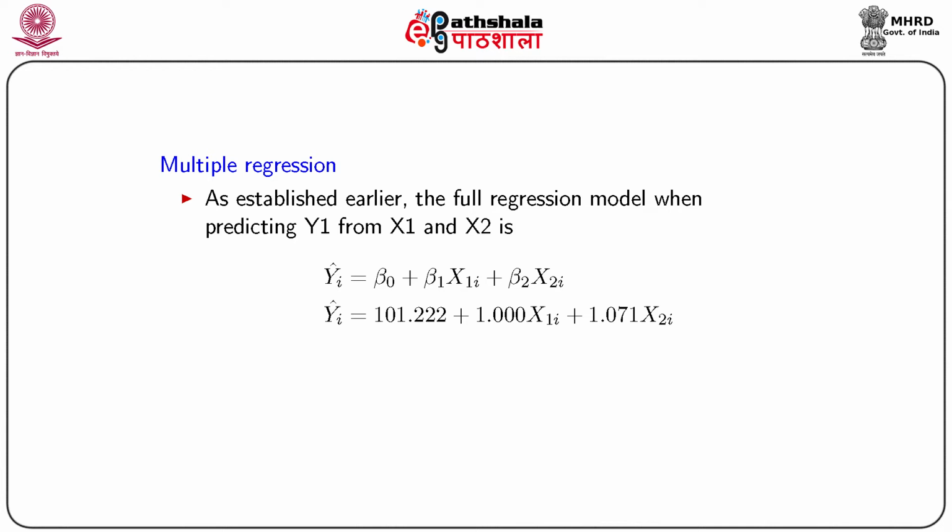In the second case, we had only used x1 as the predictor variable, and we have seen that the estimates of beta naught and beta 1 had changed. Again, in the next model, when we had only included x2, we had a different set of estimates for beta naught and beta 2. And finally, in the full regression model, when we had both the predictor variables included, we have seen that the estimates of beta 0, beta 1 and beta 2 had changed again.